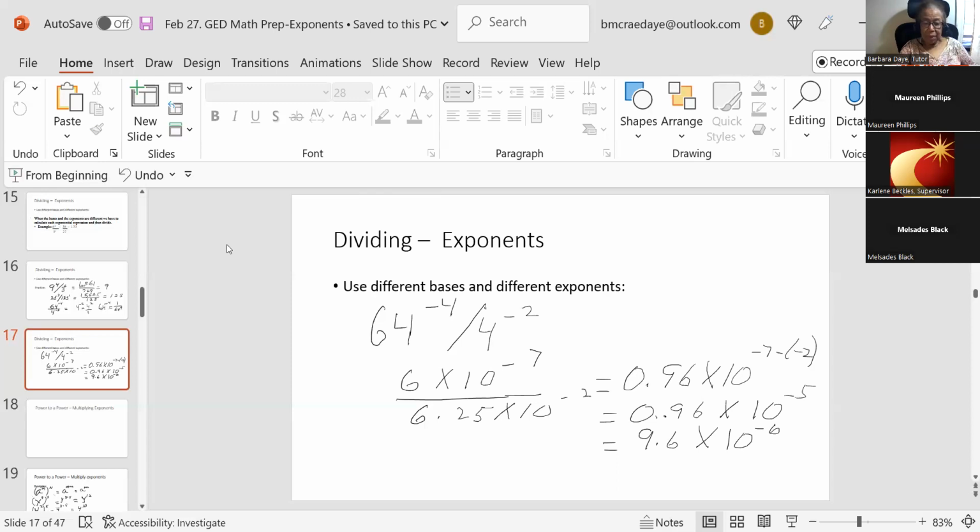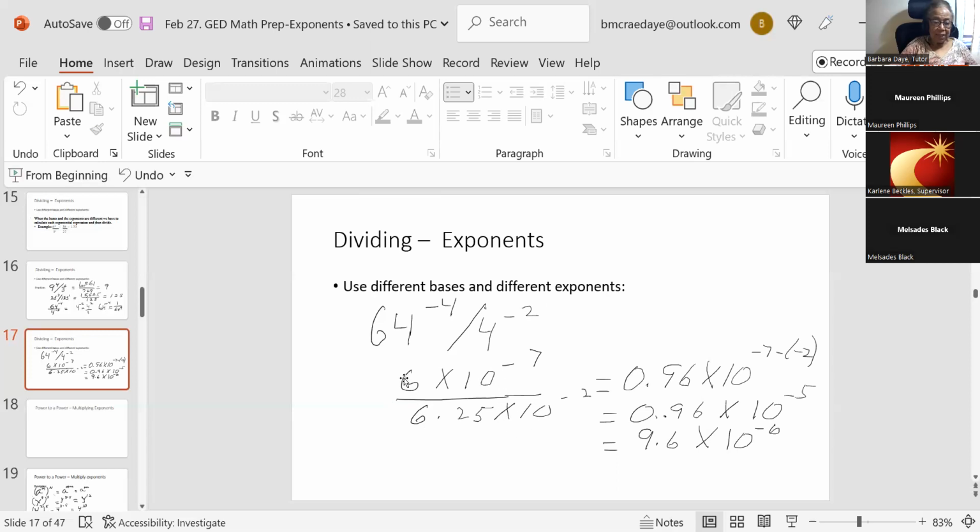Well, this one was tricky. Okay. Well, I did it on the calculator. 64 to the minus 4, on the calculator, I get 6 times 10 to the minus 7. 4 to the minus 2, I get 6.25 times 10 to the minus 2.